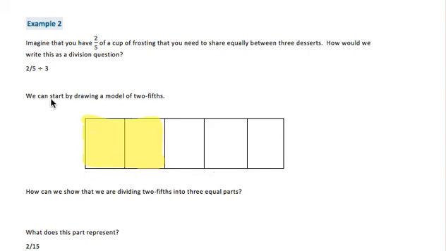Then we need to divide these 2/5 by 3. So we need to make 3 pieces out of these in the 2/5. We could do this vertically, but let's try doing it horizontally because sometimes it's kind of confusing to do it up and down.